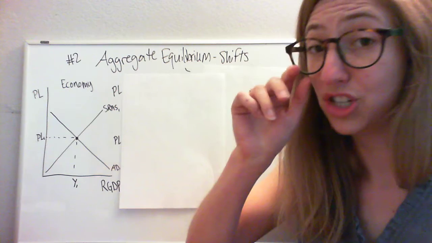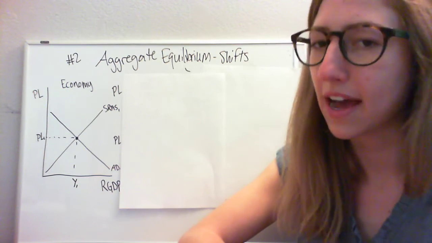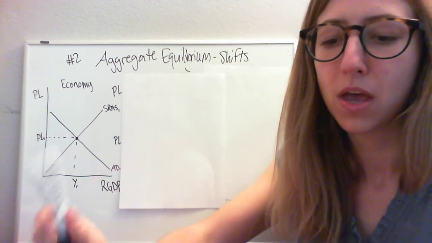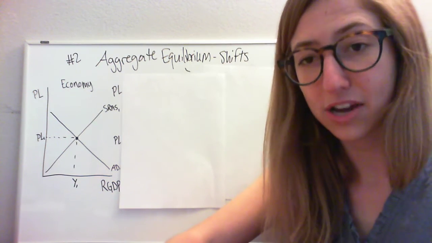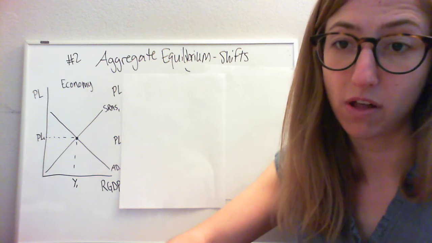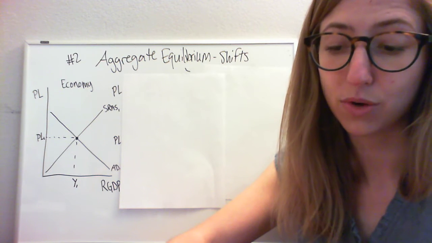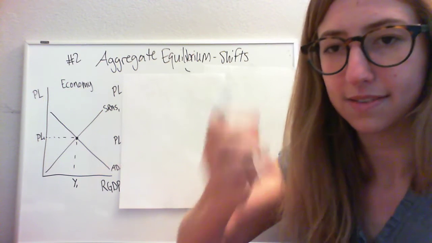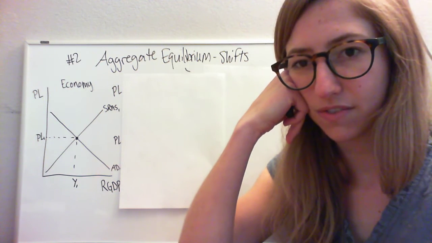This could have just an aggregate demand shifter, just an aggregate supply shifter, or both.